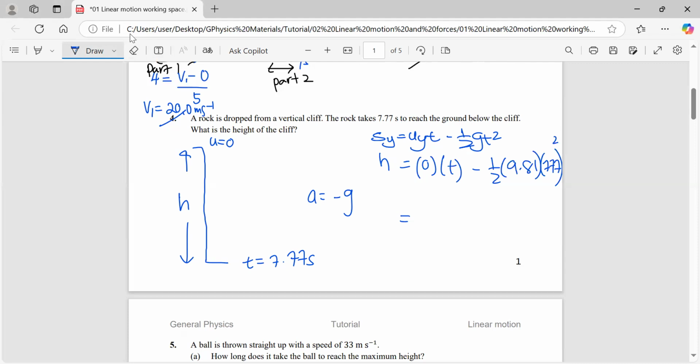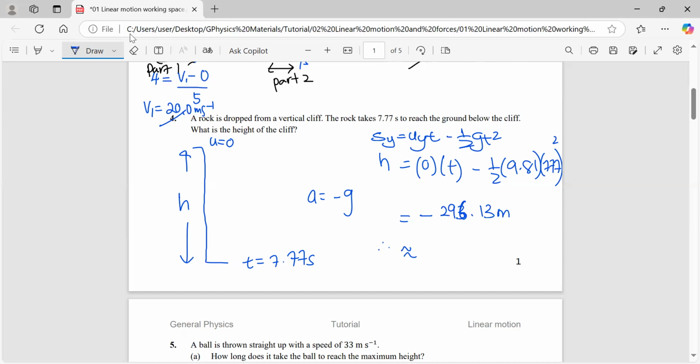So you get 293.13 meter. Sorry, 296. So you can round this up to 3 SF.